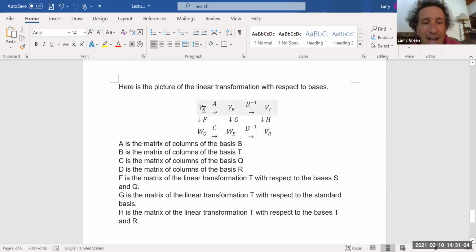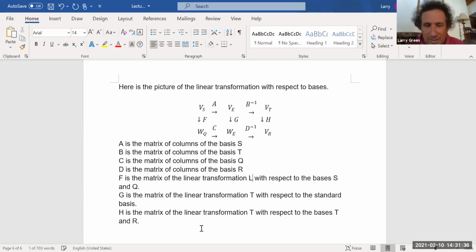And then we have F, the matrix of the linear transformation T with respect to the bases S and Q. G is the matrix of the linear transformation T with respect to the standard bases, E and E. And H is the matrix of the linear transformation, I shouldn't use the letter T, should I?